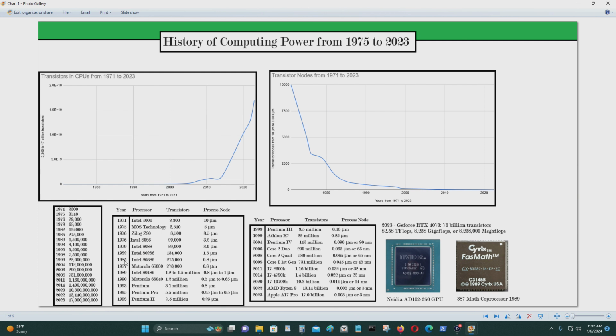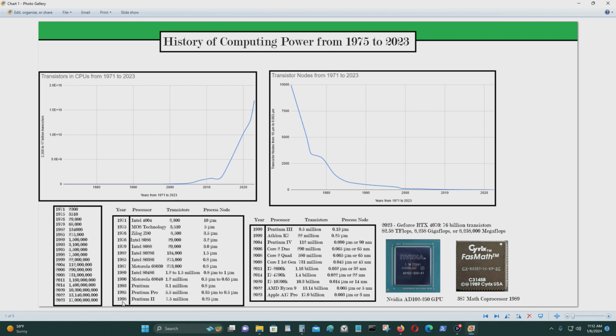So in 1985, we had the 386 at 0.8 micrometers. And in 1993, we had something called a Pentium processor, Intel Pentium, at 0.8 micrometers. And as you can see, as time goes by, the nodes get smaller and smaller.